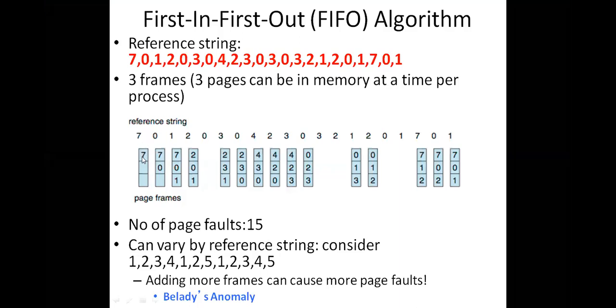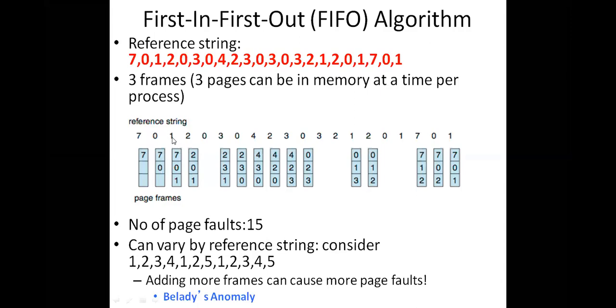So page fault 1, count the page fault. Page fault means the required page is not in the main memory. We kept the 7 in the free frame. After that 0 is not available in the main memory, so we keep the 0 there. So 2 page faults.